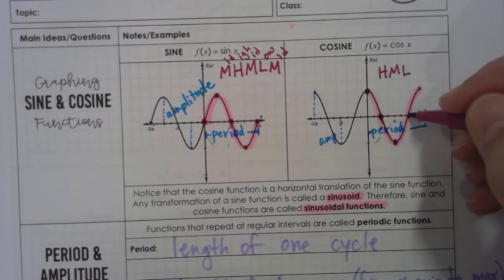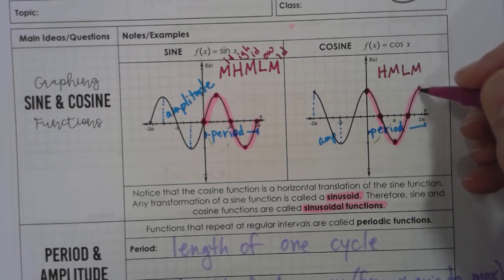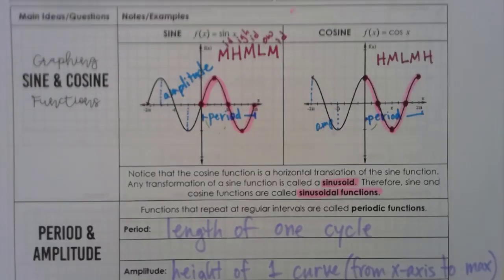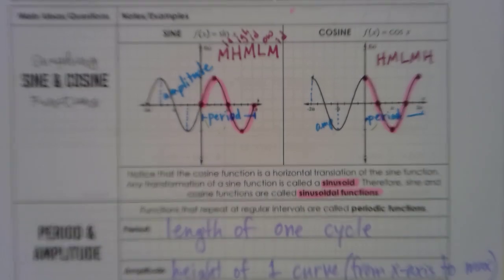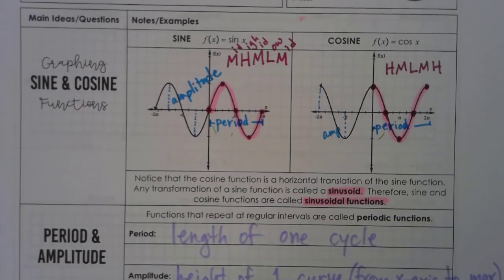It's going to come back to the middle, and then it's going to go up to a high value. Okay, so all of our graphs are going to start with these first 5 dots. We'll make one period of our cycle, and then we'll just repeat that.